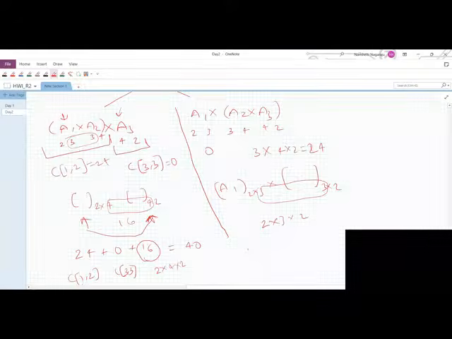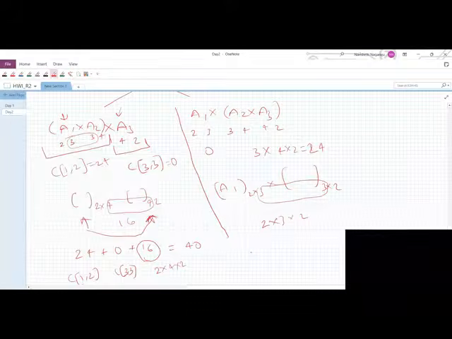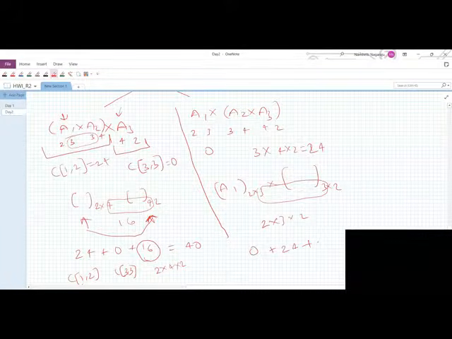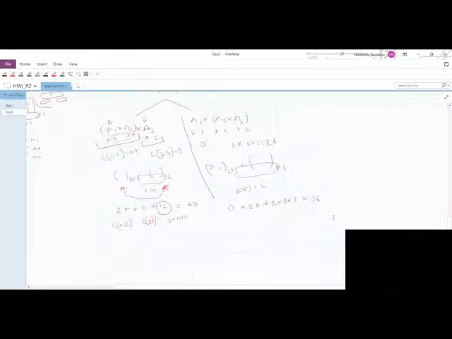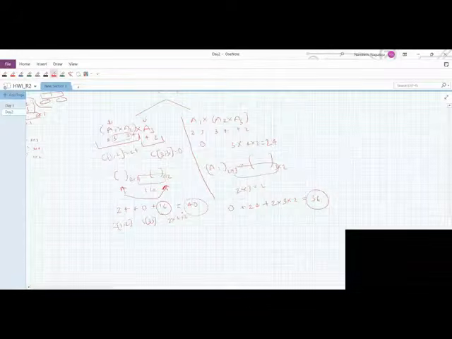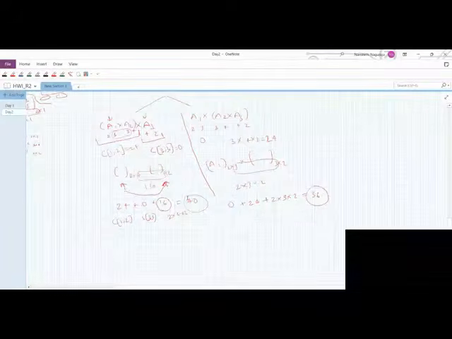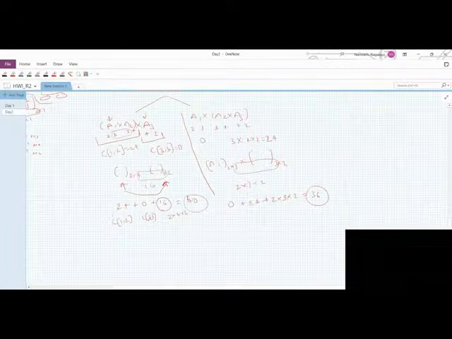So in total we need 0 plus 24 plus 2 into 3 into 2, that equals 3 into 6, 6 into 2 is 12. 24 plus 12, 36. So the best way to solve this will be the second case, which is 36, the least number of operations. This is what we need to return in the question given to us.